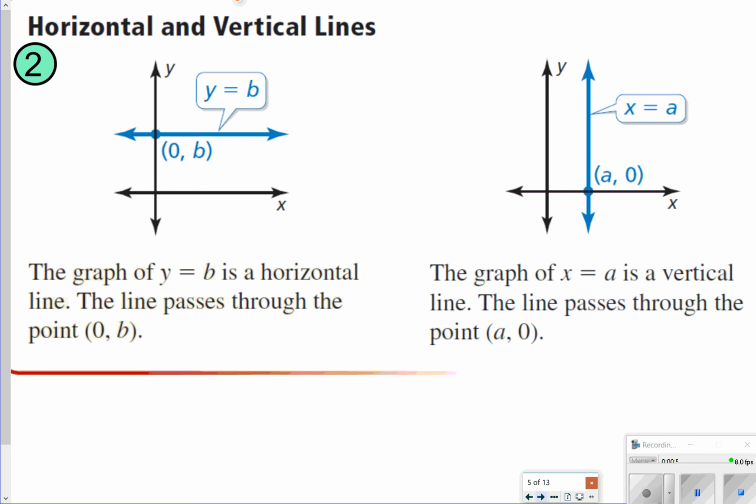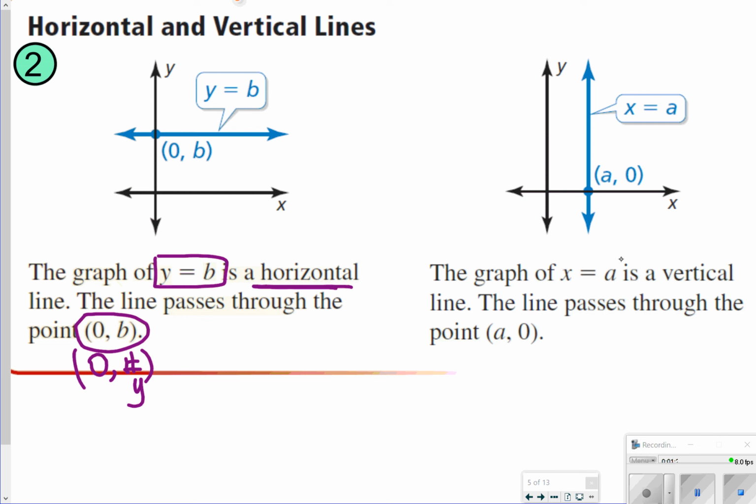The next thing we want to realize really quickly is how to graph horizontal and vertical lines. If you have a graph where y is equal to something, it's going to be a horizontal line, and it passes through the point 0, b, where the x is 0 and the b is just a number on the y-axis.